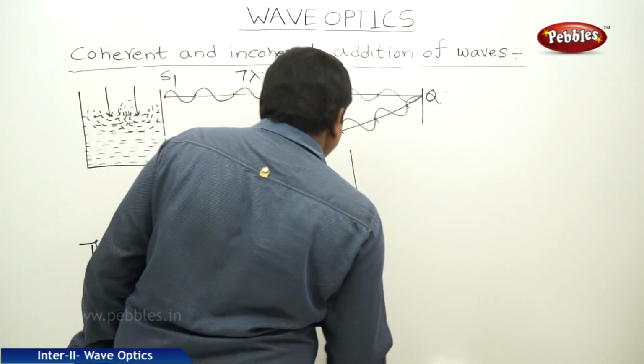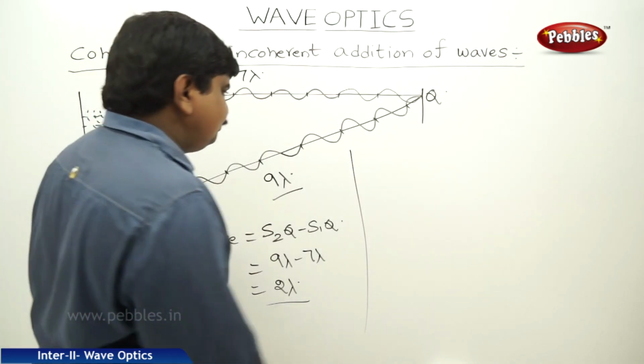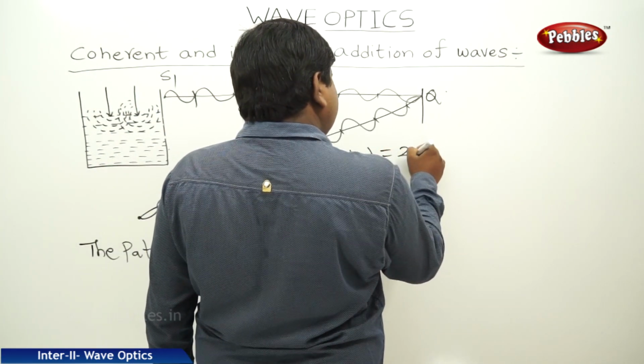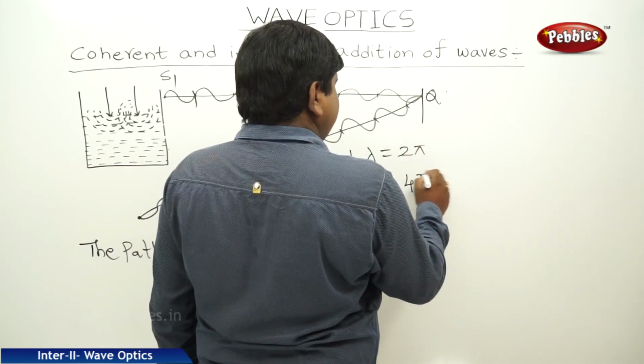We know that for one lambda the total angle is 2 pi, so 2 lambda is equal to 4 pi. That is the 4 pi phase difference.